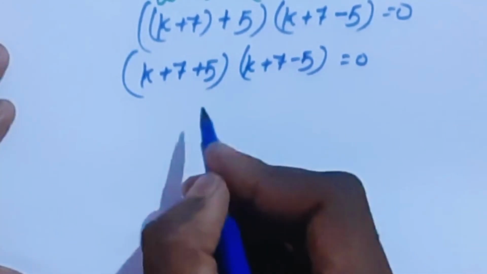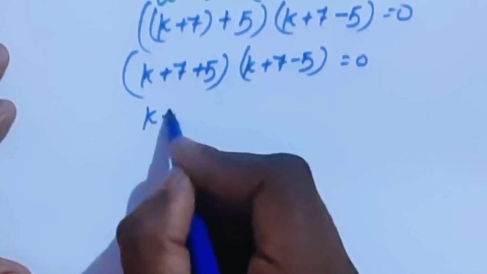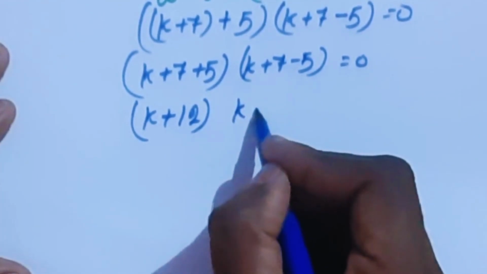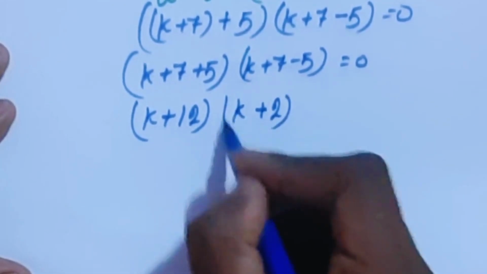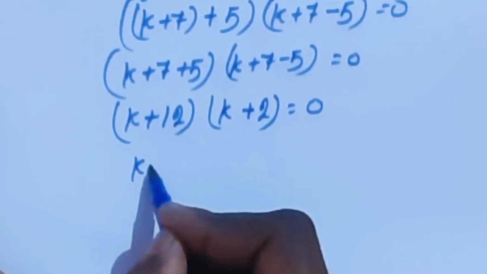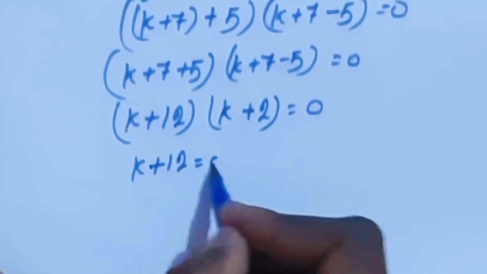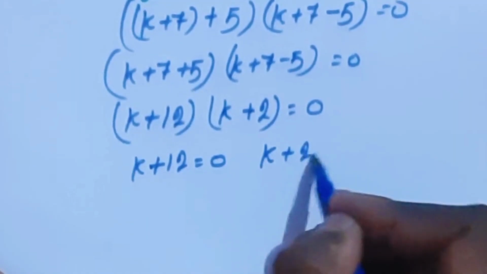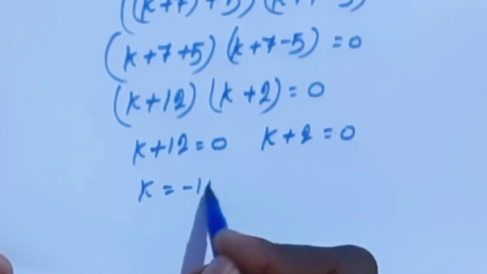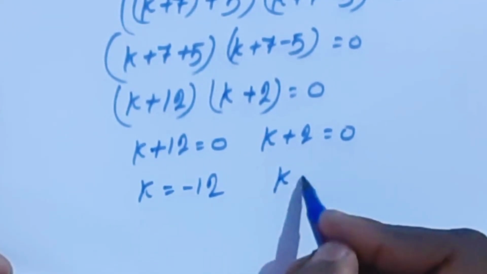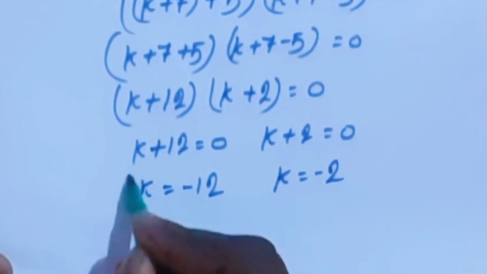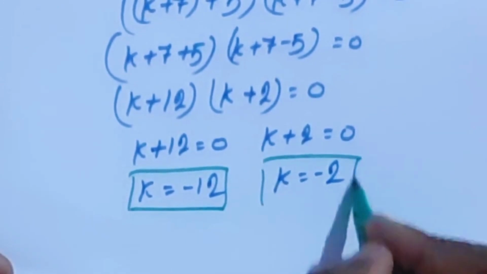Now this is k plus 12, this is k plus 2, equal to 0. From these two equations, k plus 12 equal to 0, k plus 2 equal to 0. From here, k equal to minus 12. From this one, k equal to minus 2. This is the same answer we got in method 1.